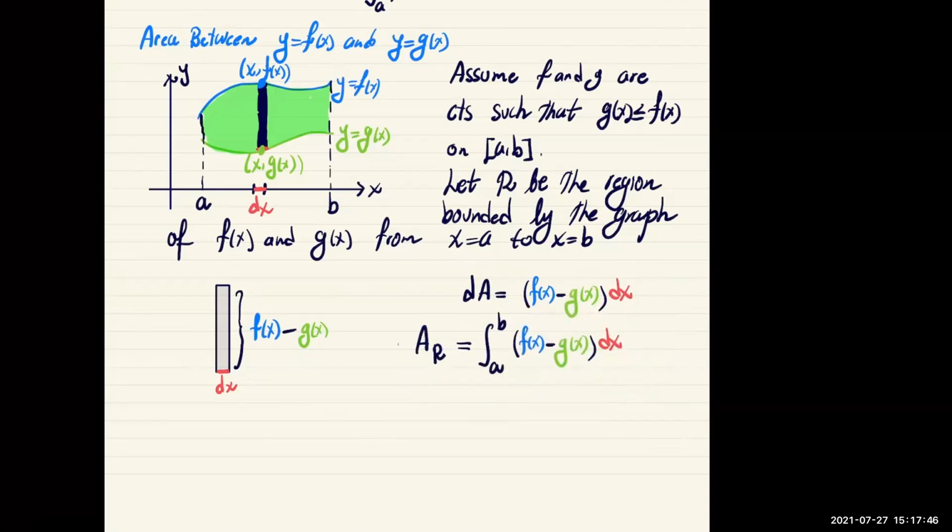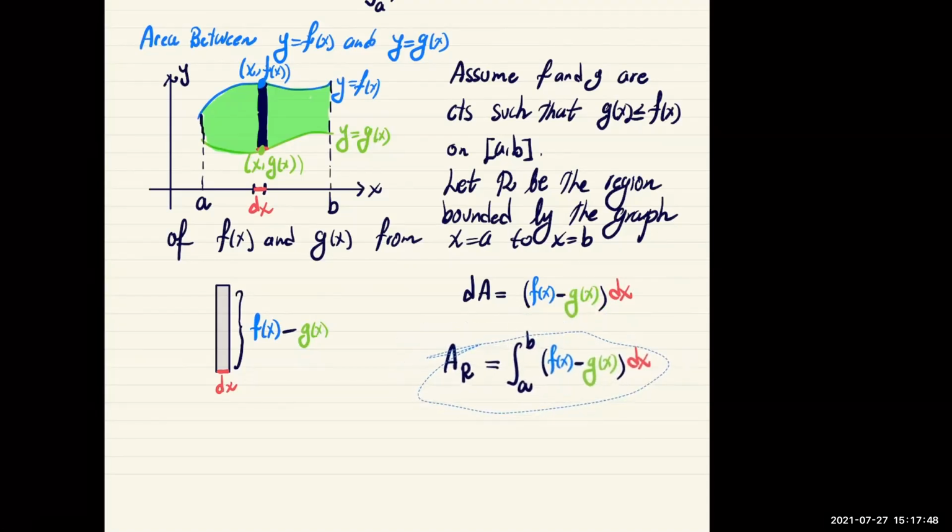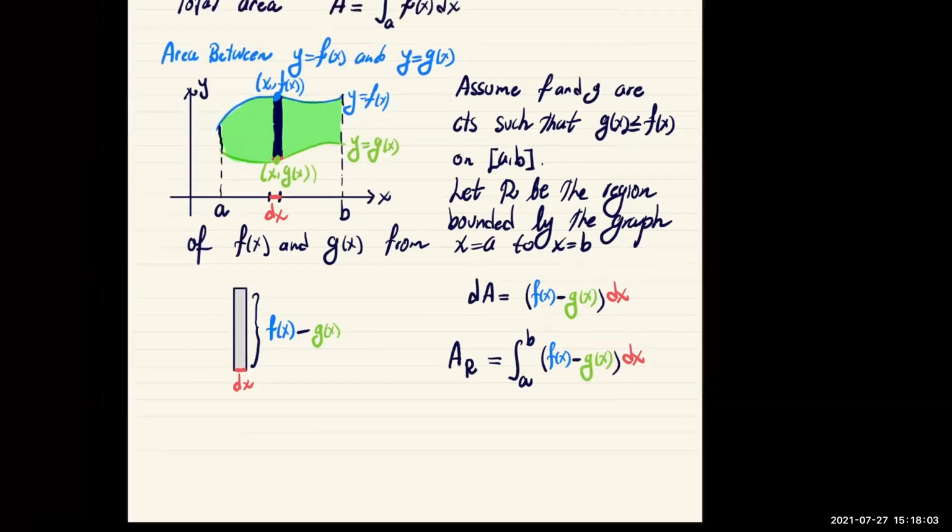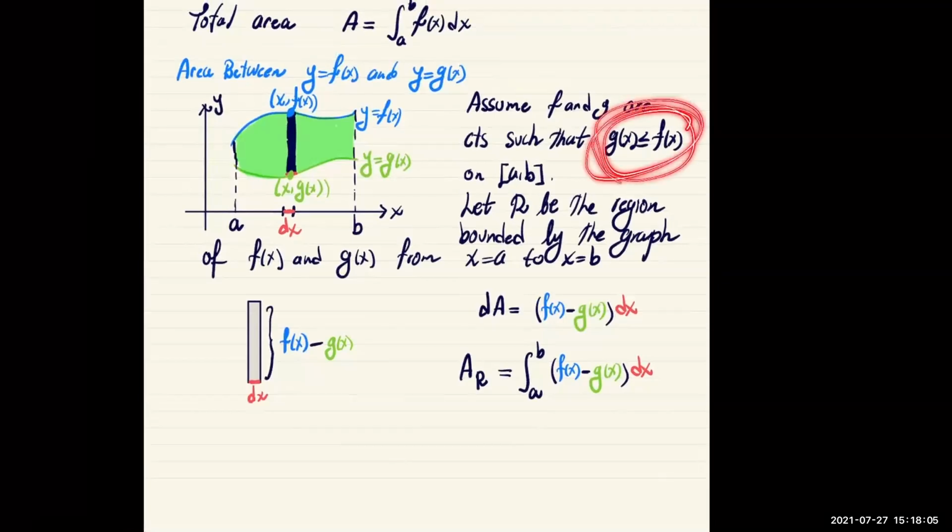So that's how you get the area of the region. First subtract, just do the integral of the difference of the two functions as long as the top function is top, right? As long as this is the upper function, this is the lower function. If this inequality is not true, then you're going to end up with probably 0 or a negative area, and that makes absolutely no sense.